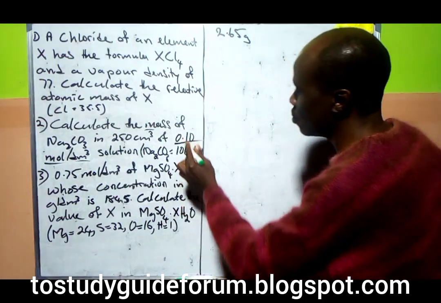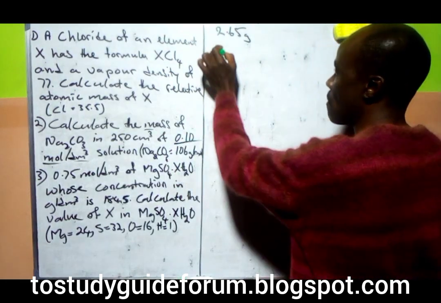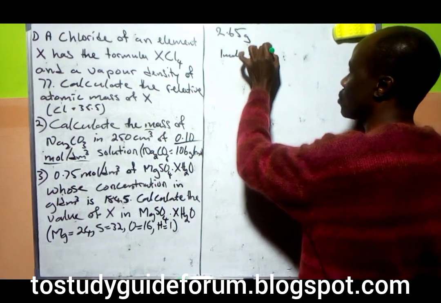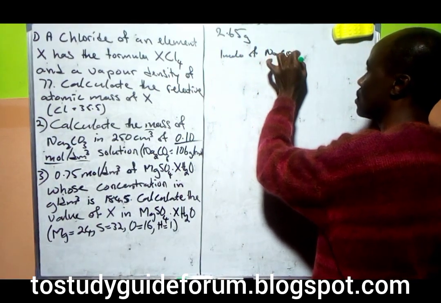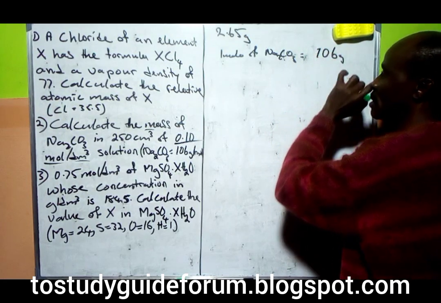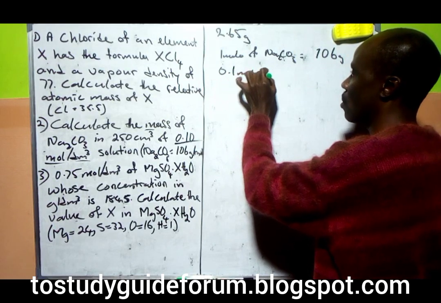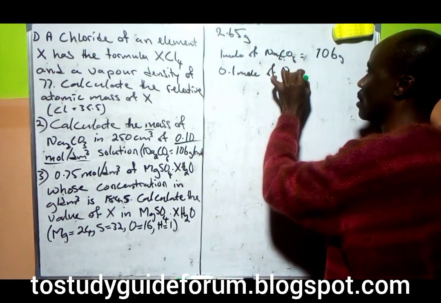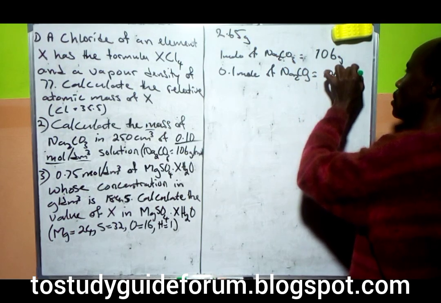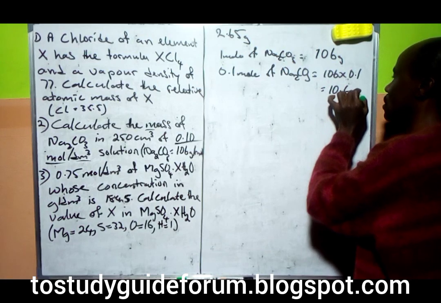So now the first thing we do is find out the mass. Since we know that 1 mole of sodium trioxocarbonate is equal to 106 grams, 0.1 mole of sodium trioxocarbonate will be equal to 10.6 grams.